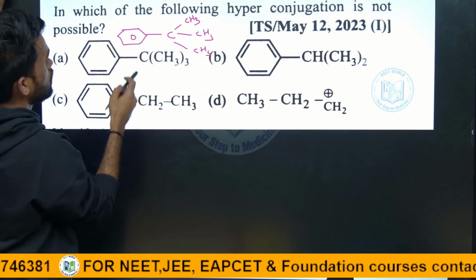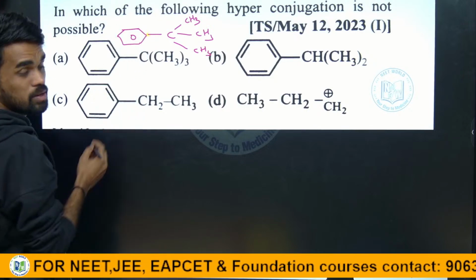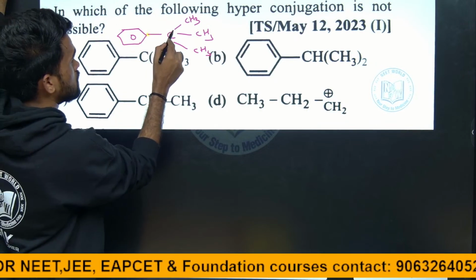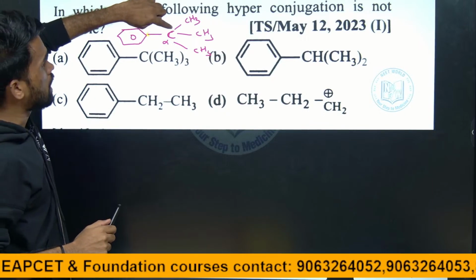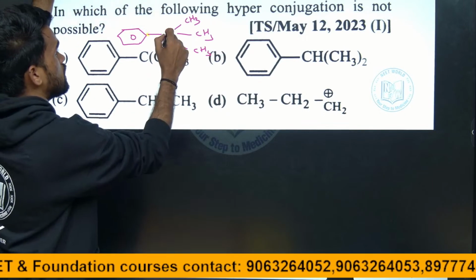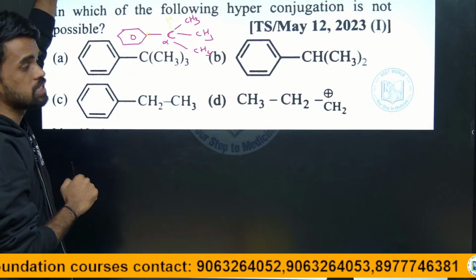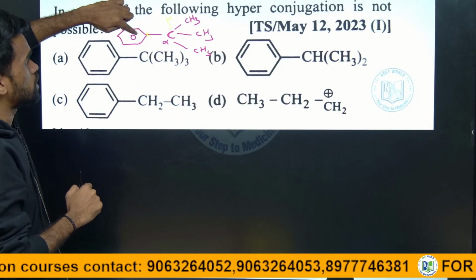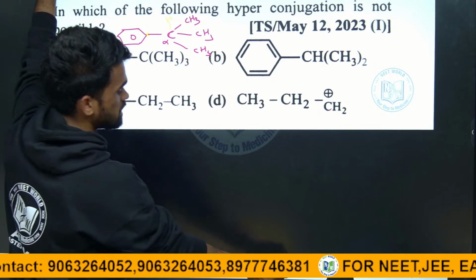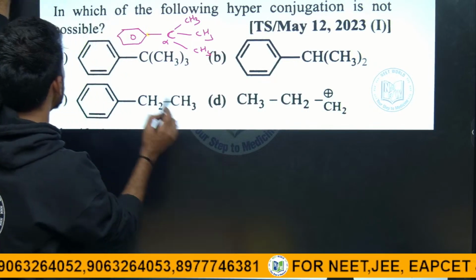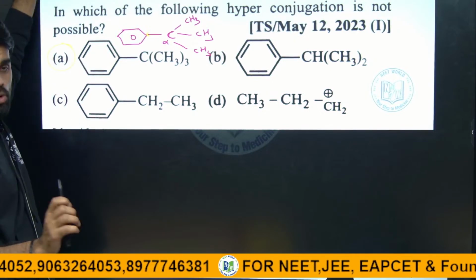This is the phenyl carbon attached here, and let's consider this as alpha. On the alpha carbon there is no directly attached hydrogen to participate in hyperconjugation with the ring pi electrons, therefore hyperconjugation is not possible in option 1. I hope it is clear.